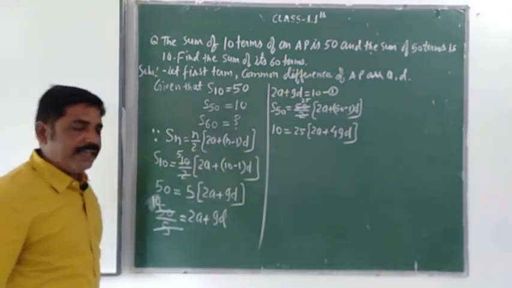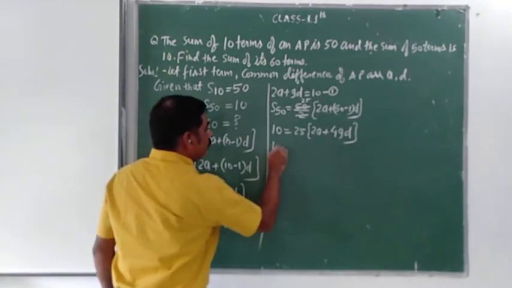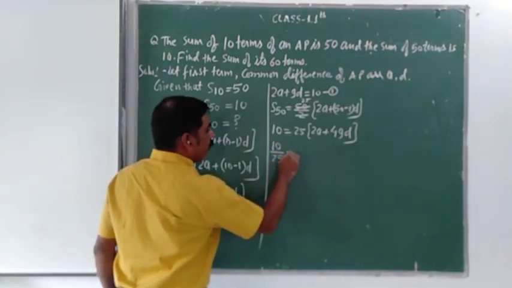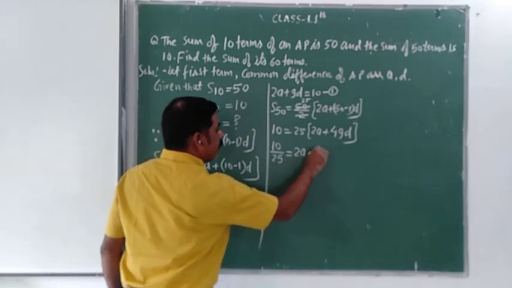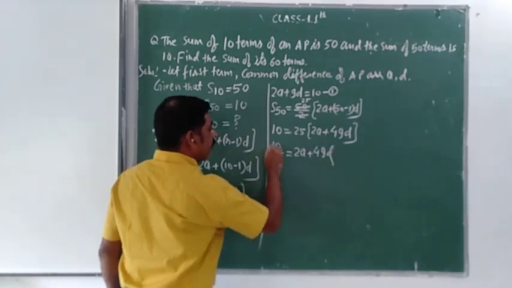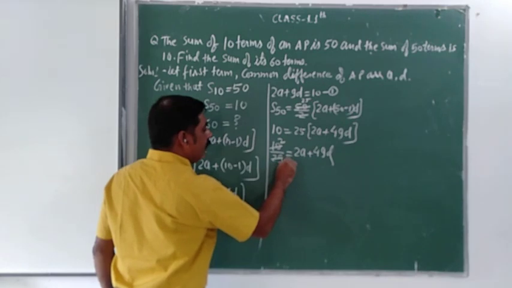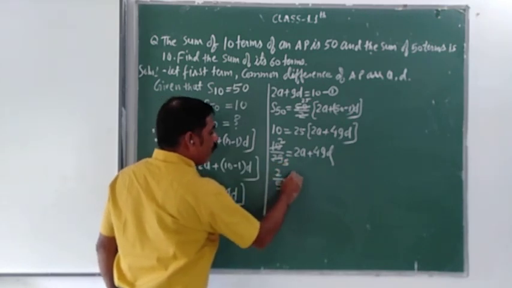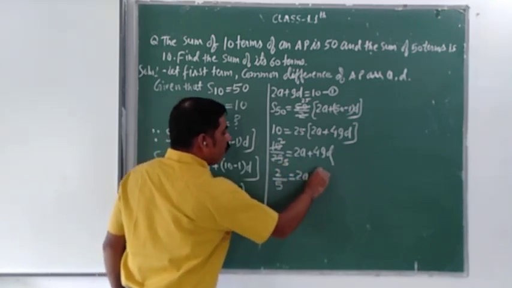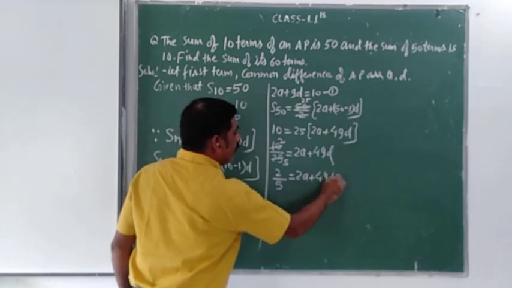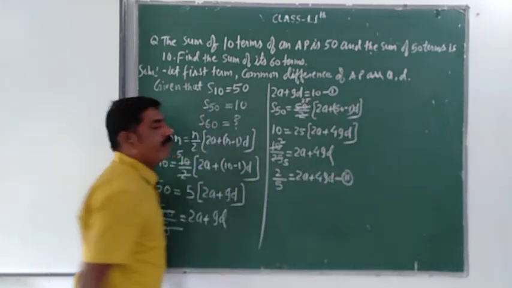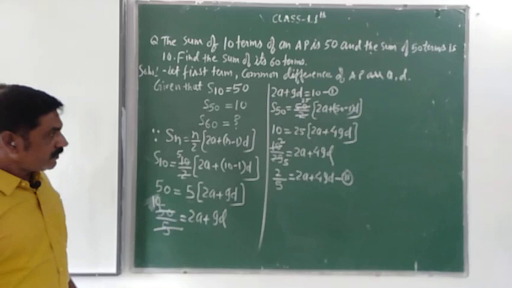So 10 upon 25 is equal to 2a plus 49d. 5 2s are 10, 5 5s are 25. So 2 upon 5 is equal to 2a plus 49d. This is equation number 2.